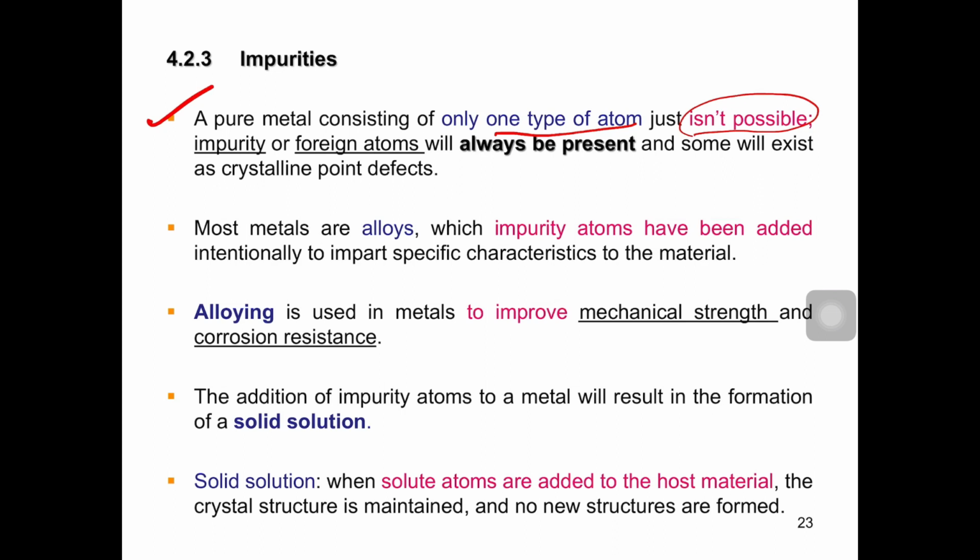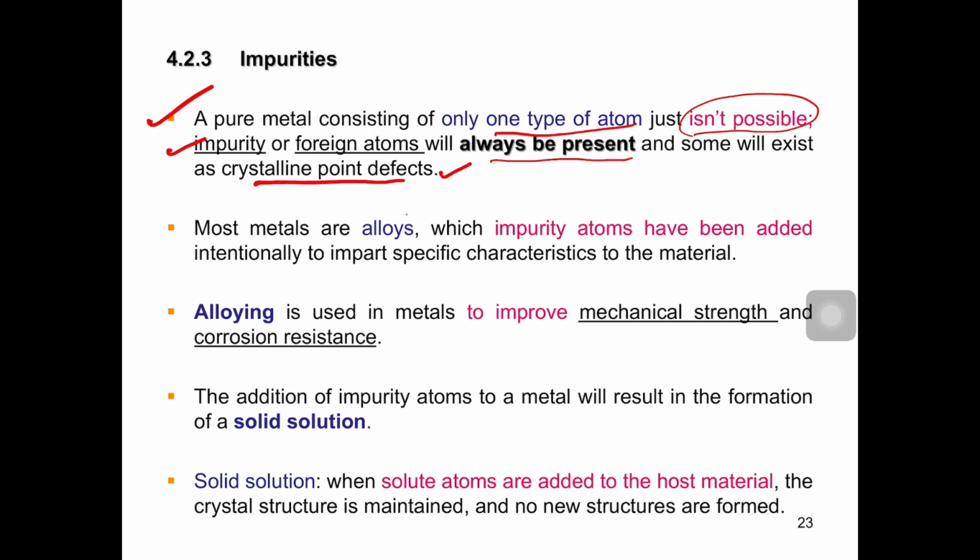Impurity or foreign atoms will always be present at normal temperature or normal conditions, and some will exist as crystalline point defects.